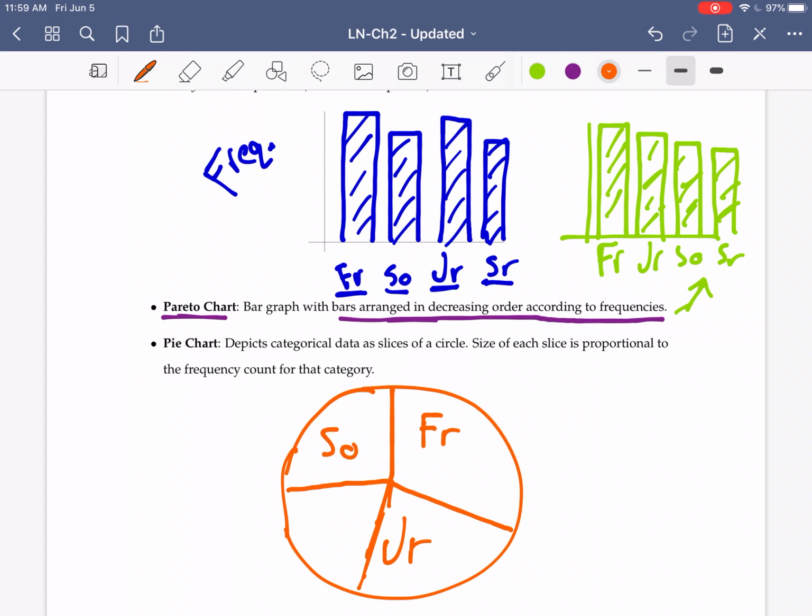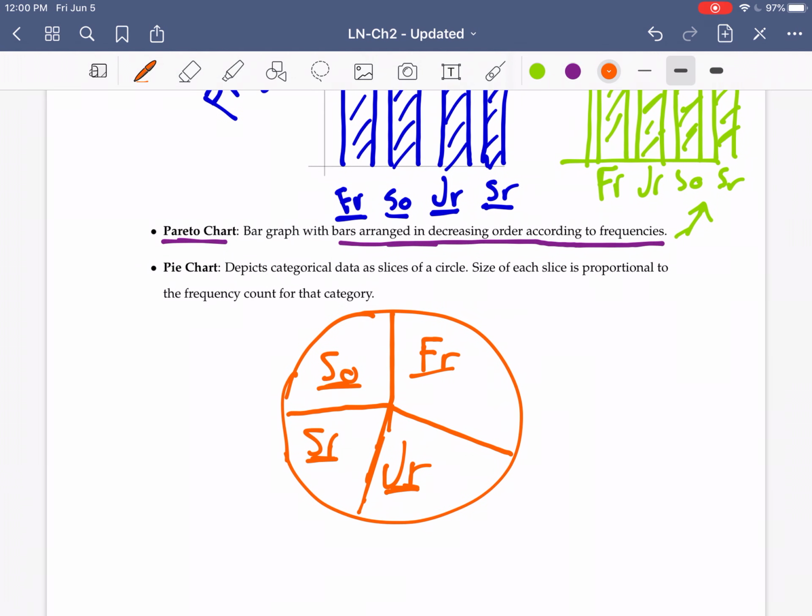Maybe sophomores and seniors. So our freshman has the largest pie piece, juniors next largest, and then sophomores, and then seniors. The proportional size, the area for each of these is proportional to the proportions of the entire classes. The number of students that are freshmen compared to the total number of students.